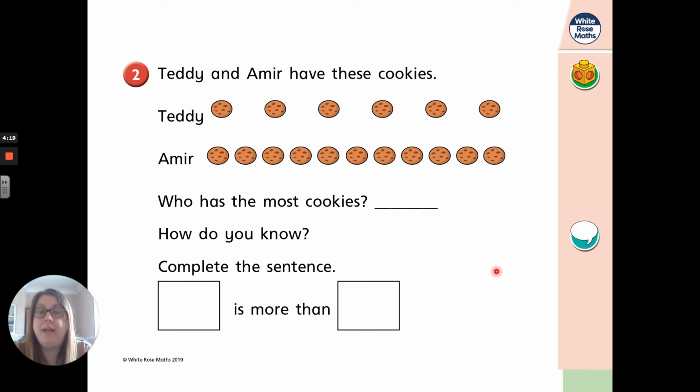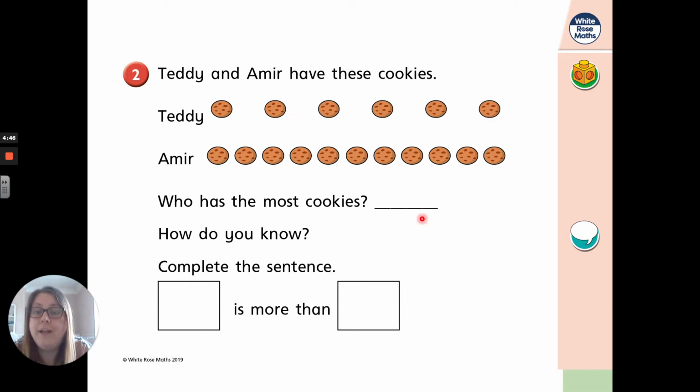But Teddy and Amir have these cookies. Who has the most cookies? So you need to write down the name of the person who has the most cookies. How do you know they have the most? So you need to explain your answer. You can write that down or tell your grown-ups. And then complete the sentence: this number is more than this number. So work out how many Amir has and how many Teddy has, and then the numbers need to go in there.